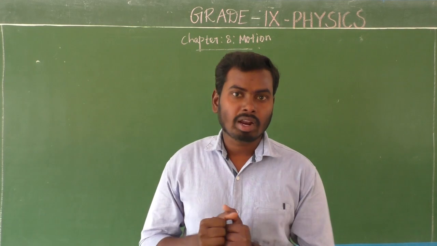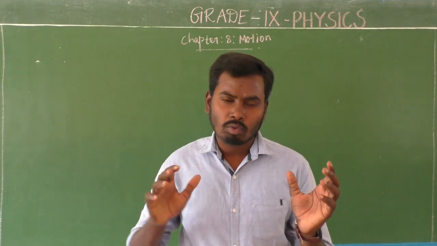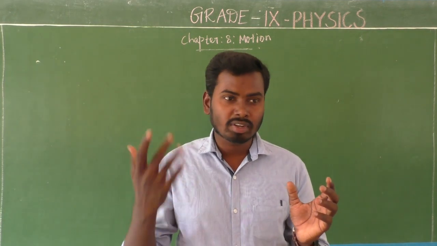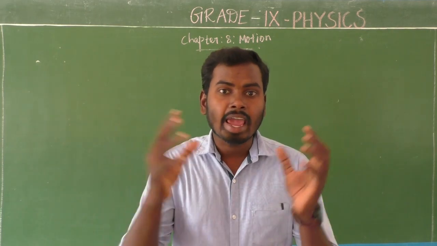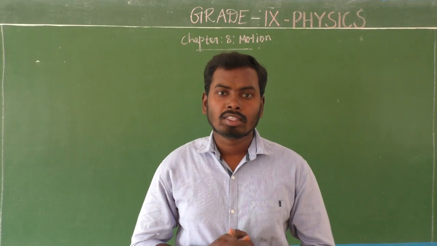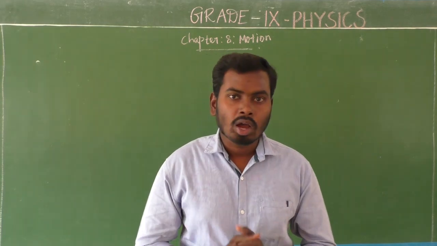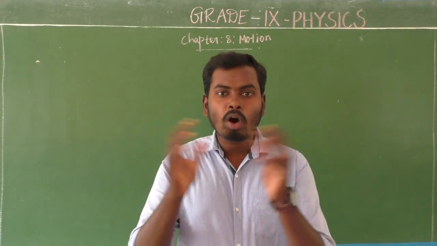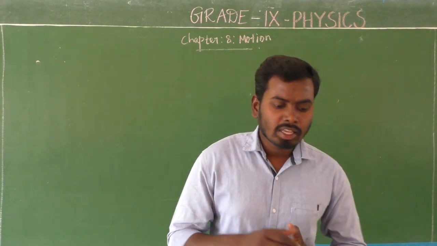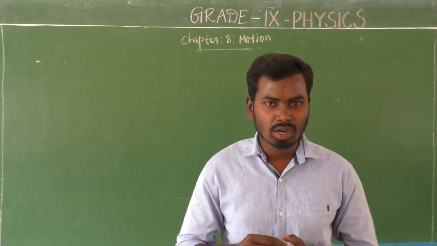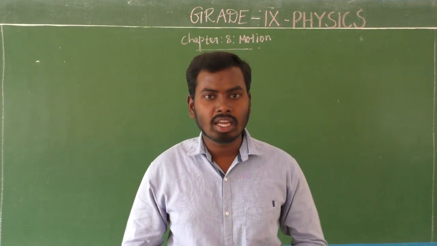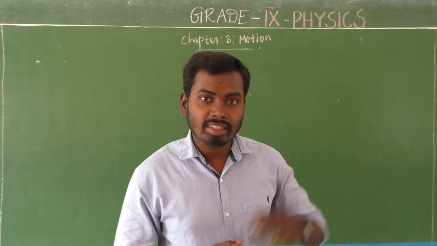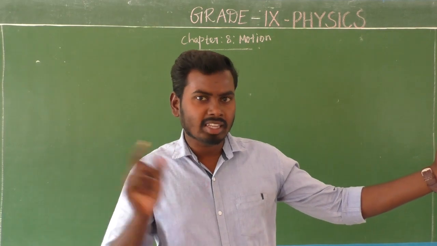You may ask, speed is different from velocity, so how can we consider both the same? Most of the time we use the word velocity, and whenever we use the word velocity, we must say the direction, because speed plus direction is velocity.